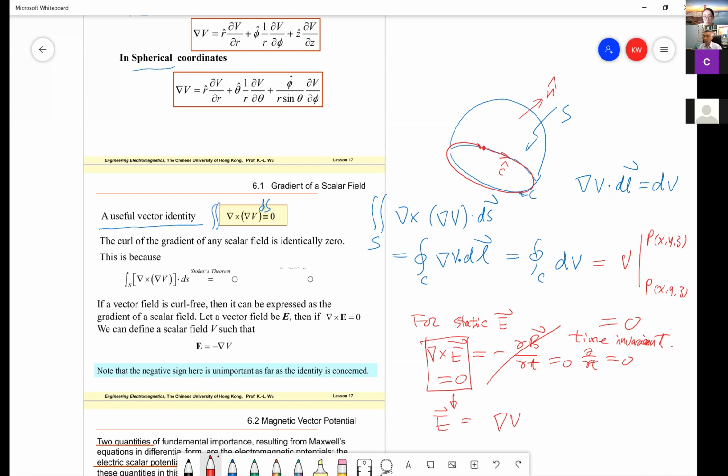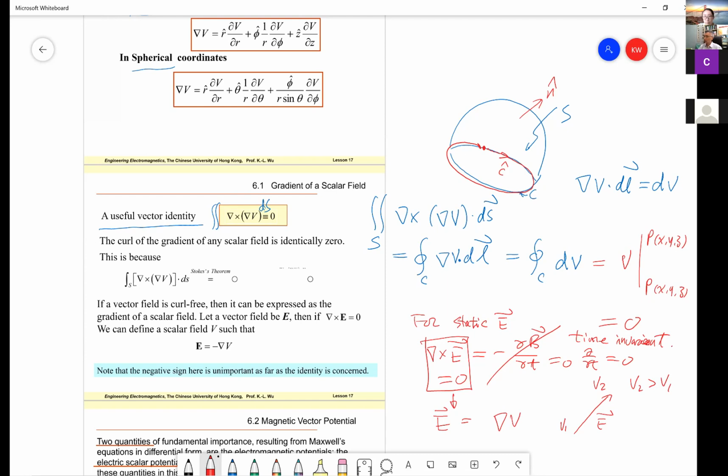And for convenience, we define, because the electrical field is in this direction, if this is V2 and this is V1, V2 is larger than V1.